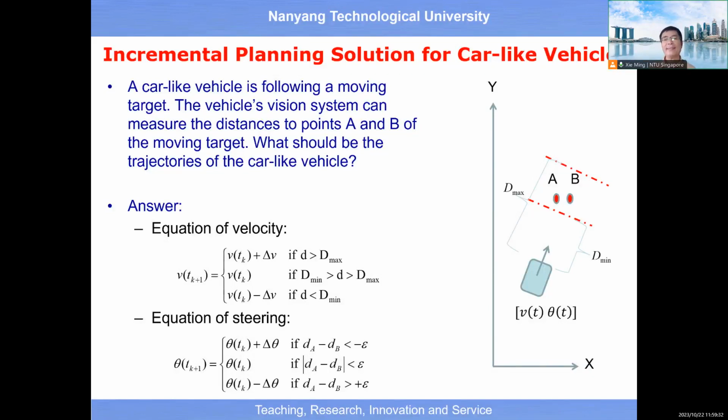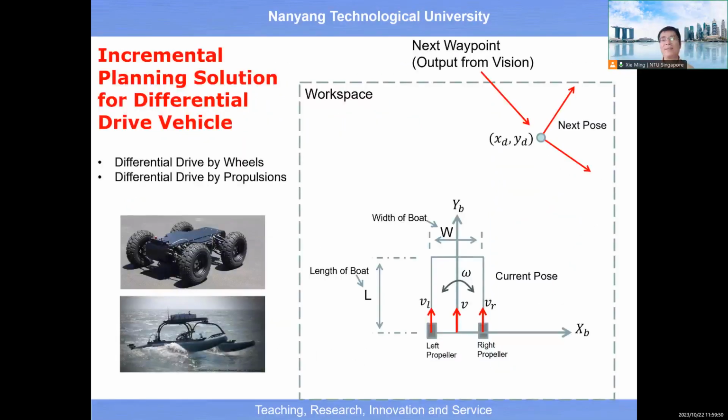Then we can use these two equations, the equation of velocity and the equation of steering angle, to do the incremental planning for a car-like vehicle. Pay attention, this is only valid for a car-like vehicle.